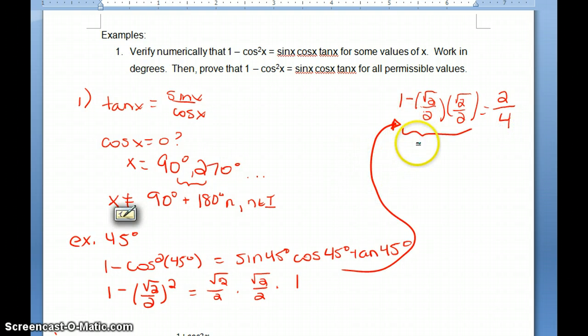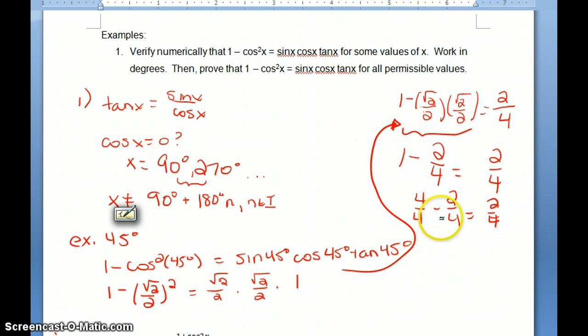Then we can simplify the left-hand side, so we can go 1 minus 2 over 4, which is equal to 2 over 4. And if you want to, we can rewrite that as 4 over 4 subtract 2 over 4 is equal to 2 over 4. Lots of 4s. And simplifying here, we get 2 over 4 is equal to 2 over 4.